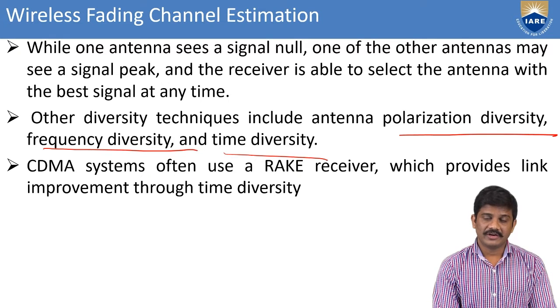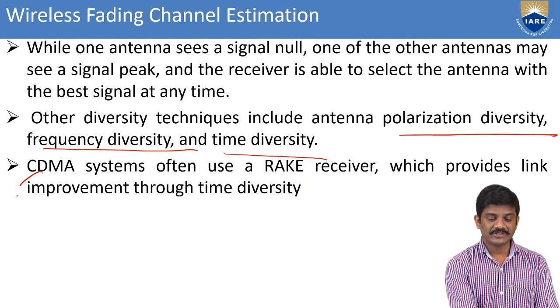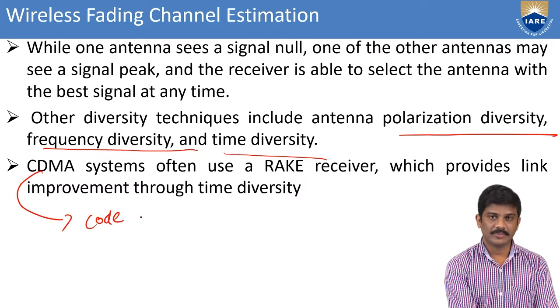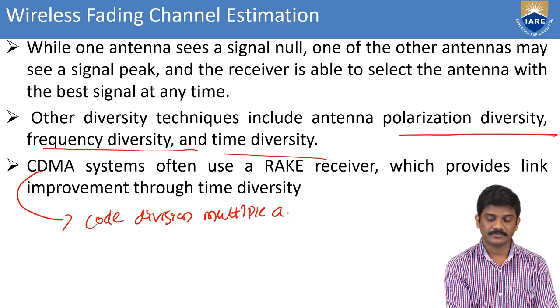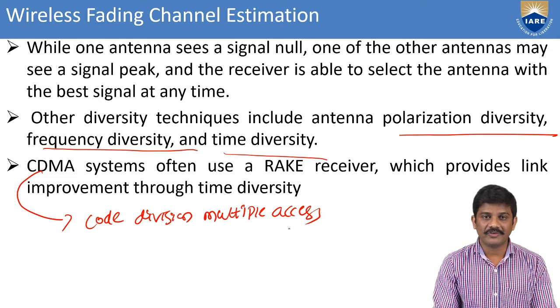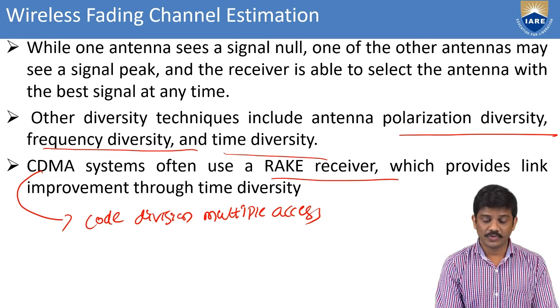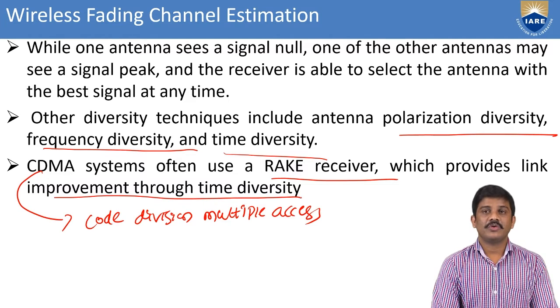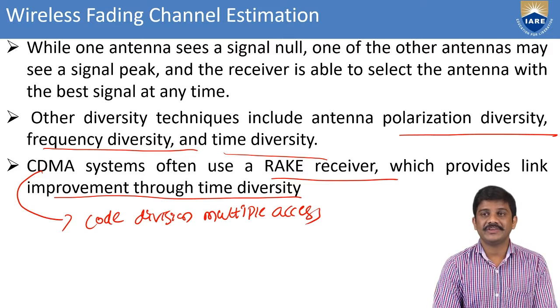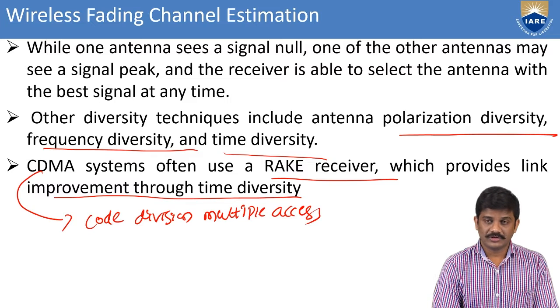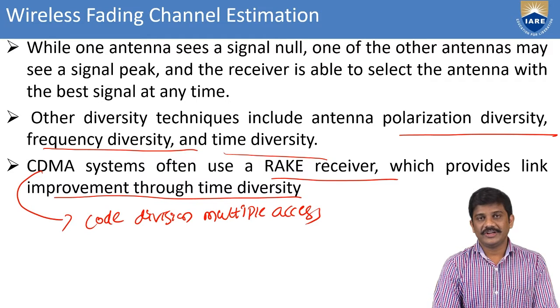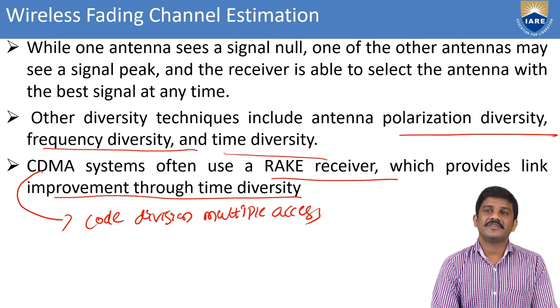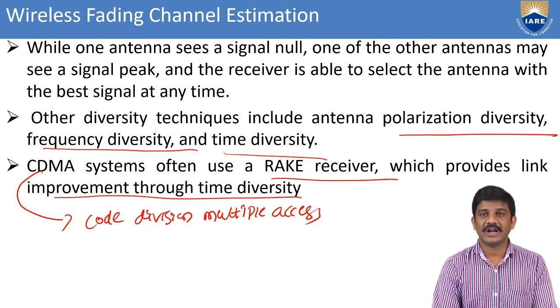Then you can consider CDMA, which is code division multiple access. In that system we often go for the rake receiver, which provides a link improvement through time diversity of the signal in the CDMA system. So we have different diversity techniques: polarization diversity, frequency diversity, and time diversity.